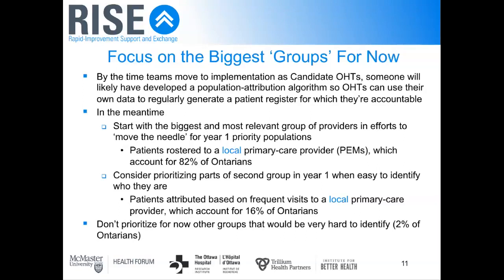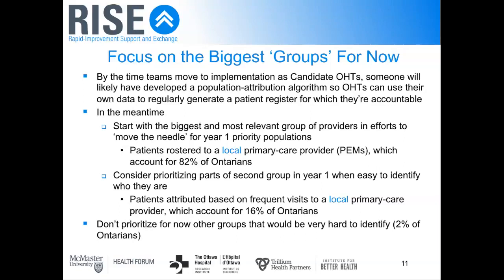The next group that you could consider prioritizing, which will get you an additional 16% of Ontarians, are patients attributed based on frequent visits to a local primary care provider. So for those primary care providers not in a PEM, chances are they know which patients have been coming in a few times for primary care services, and chances are those individuals have been attributed to their local network.